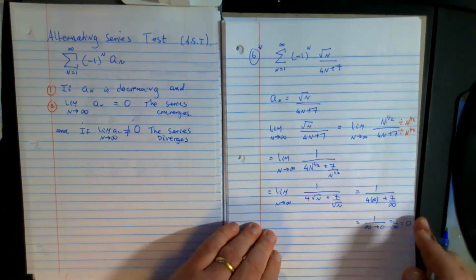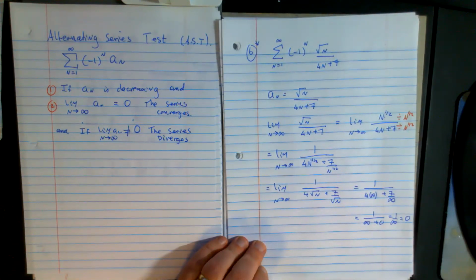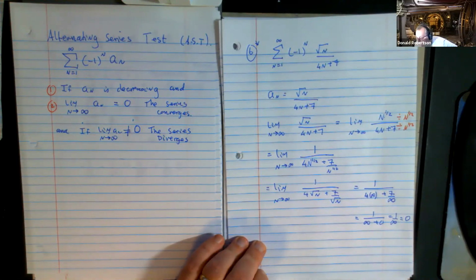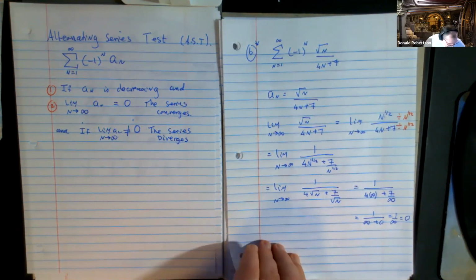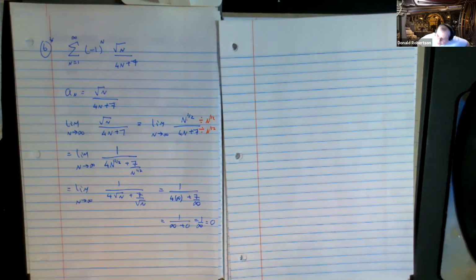Now, could you have divided top and bottom by n? Yes, that would have worked too. Actually, I think that would have worked and been slightly nicer as well. I think that it would have looked prettier. You've got a bit of flexibility on that process about which one you decide.